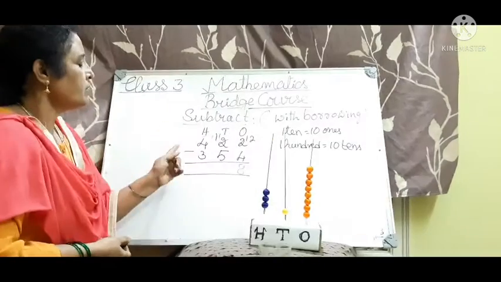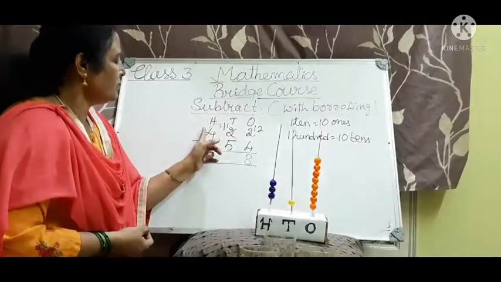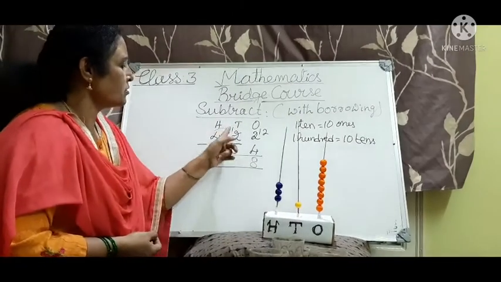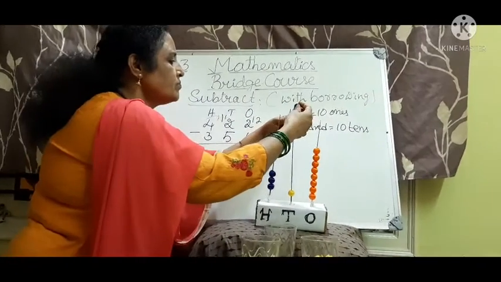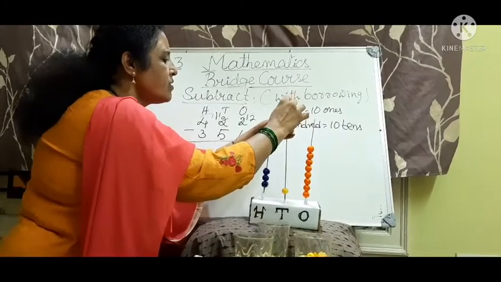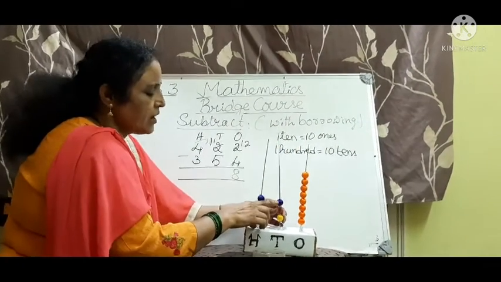Now we will subtract in the tens place. Now here I borrow 1 hundred to the tens place. Now here this is 100.